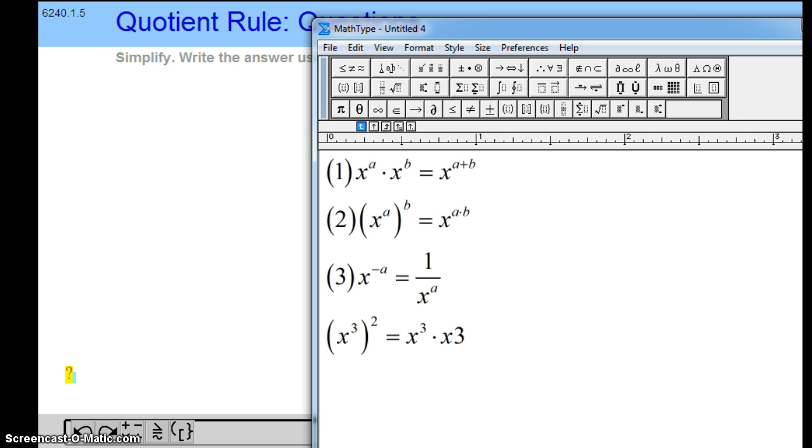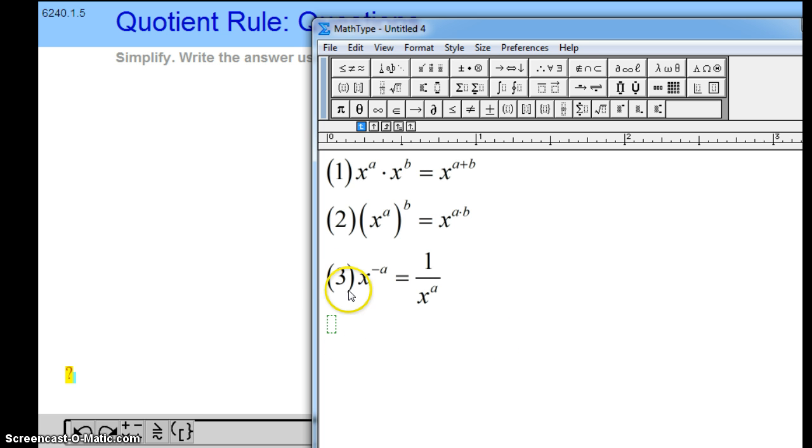Then you go back to rule 1, which is the sum, a plus b. So this is 3 plus 3, which is the same as 3 times 2. That's why rule 2 holds: if this were cubed, we'd have an extra times x to the 3, and that's the sum 3 plus 3 plus 3, which is 3 times 3, right?